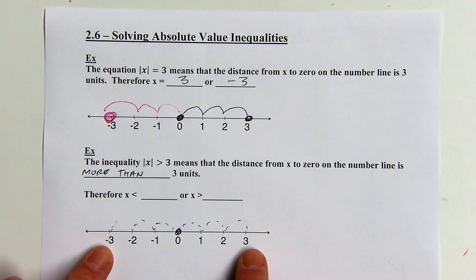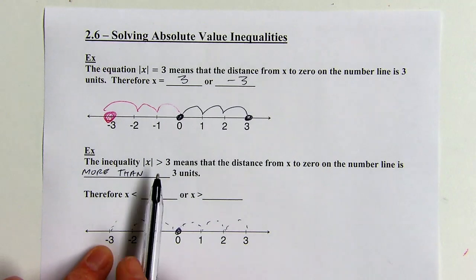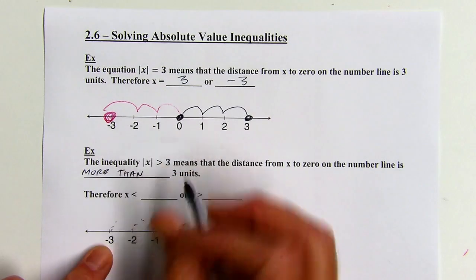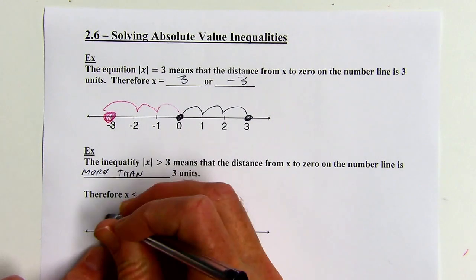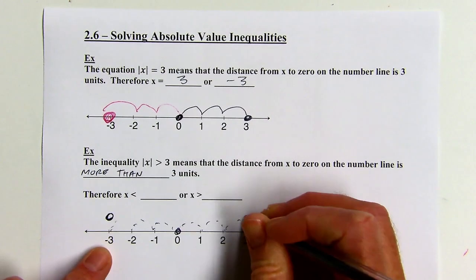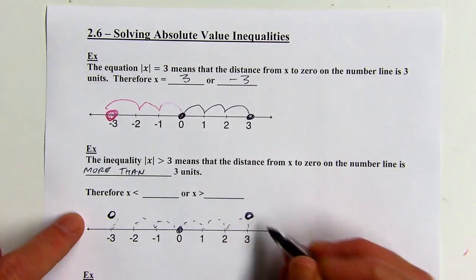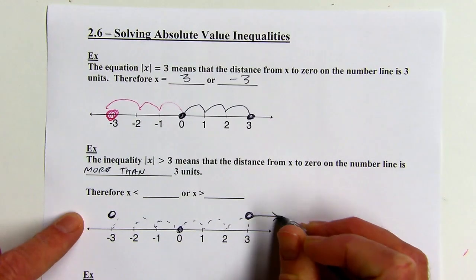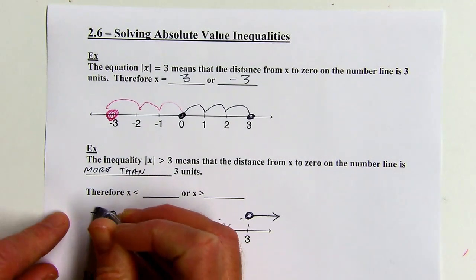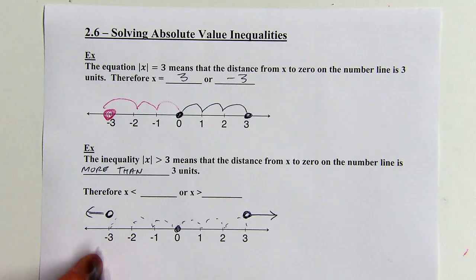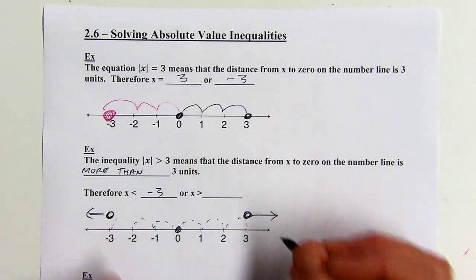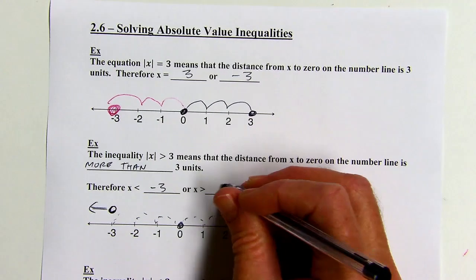These numbers are not going to be included because the inequality symbol is not underlined, so I'm going to have open dots at negative 3 and positive 3. I want all the numbers that are more than 3 units away from 0. So I could say x is going to be less than negative 3 or x is more than positive 3.